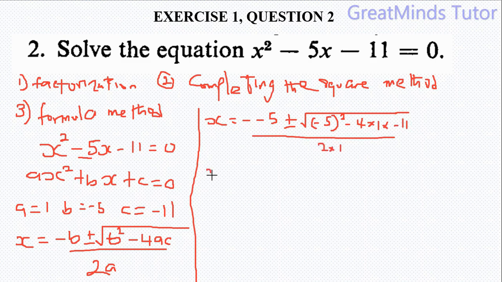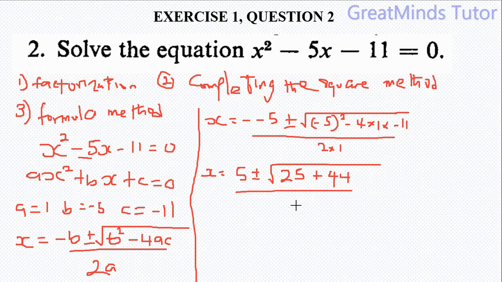So our x will be equal to negative and negative become positive, which is 5, plus or minus the square root of negative 5 whole squared, which is 25. Negative times negative is positive. Then 4 times 1 is 4, 4 times 11, that's 44, divided by 2.